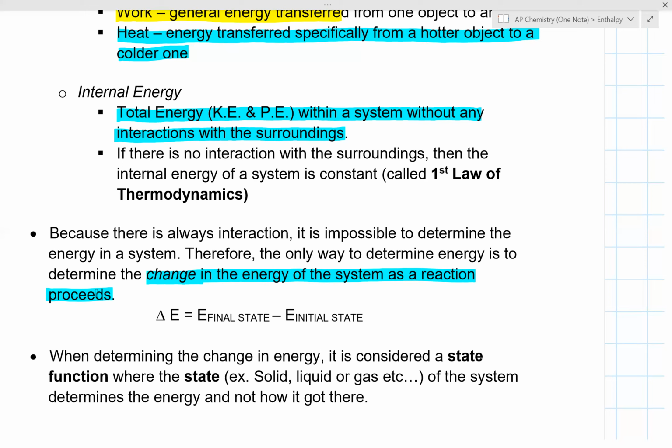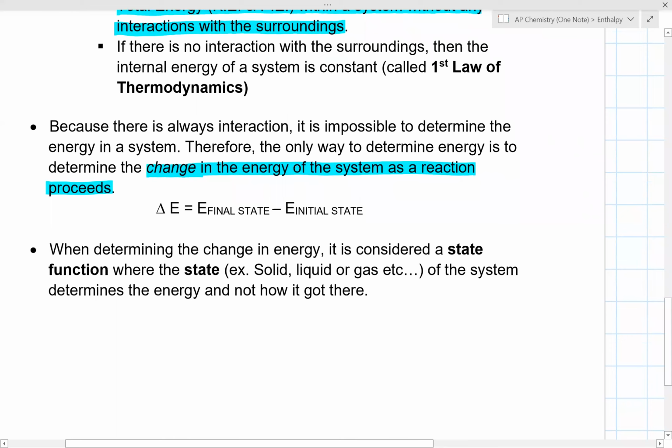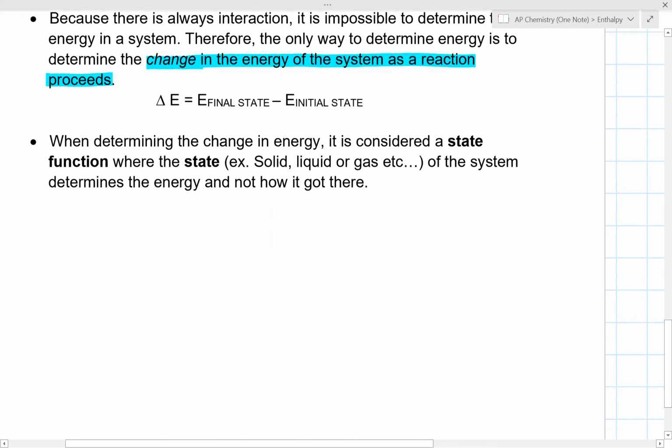Now, one final thing for you to be aware of: the change in energy is considered a state function, where the state of the system determines the energy and not how it got there. What do I mean by this?